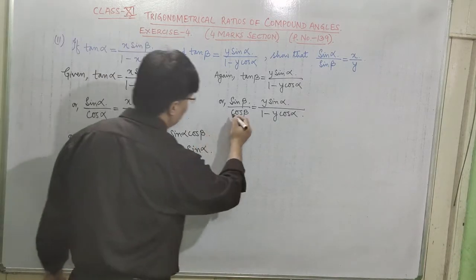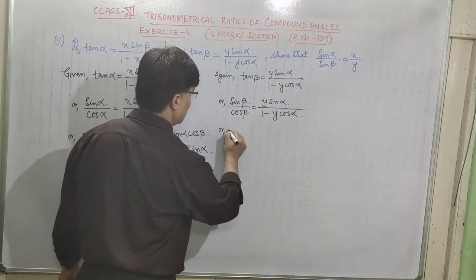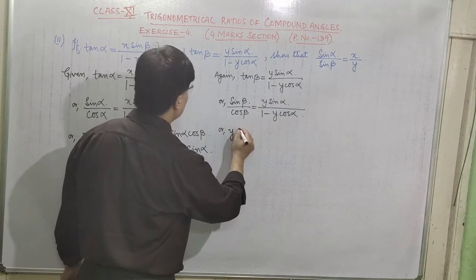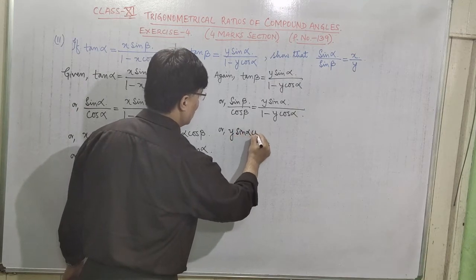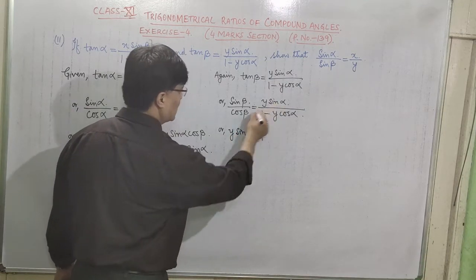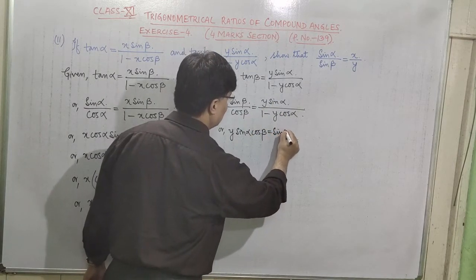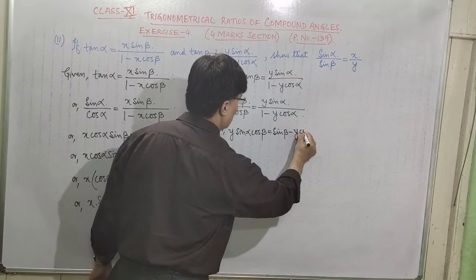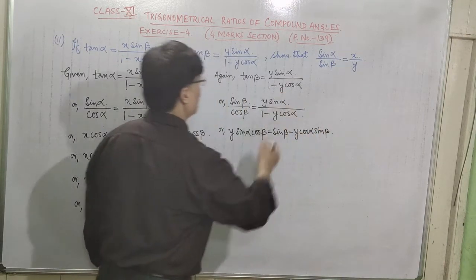First of all, let us cross multiply it. Y sine alpha into cos beta is equal to sine beta minus y cos alpha sine beta.